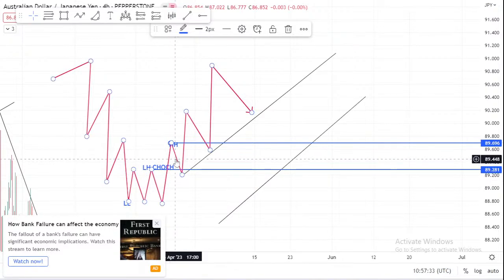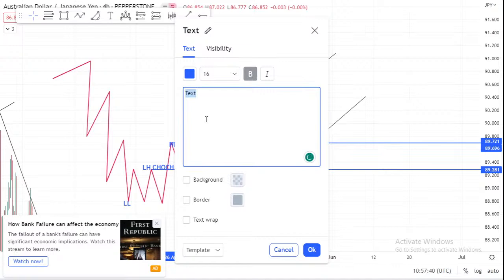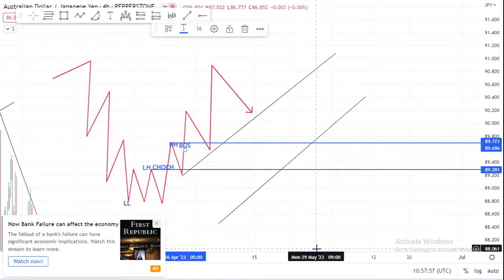Once this happens, the next thing we're going to have is the BOS, the break of structure. Some of them will call it the BMS, which is the break of market structure. You'll always find those terms, BOS or BMS, they're still the same thing.